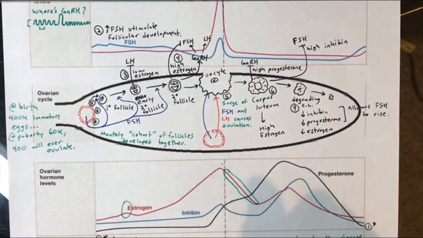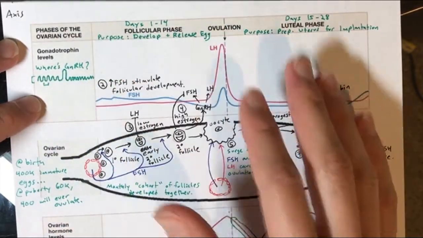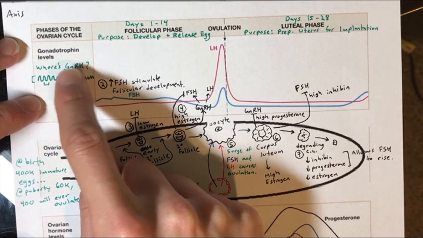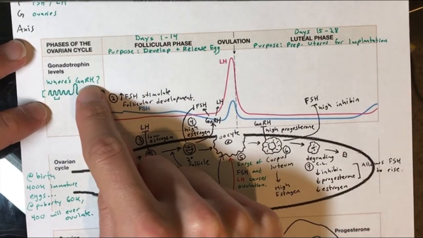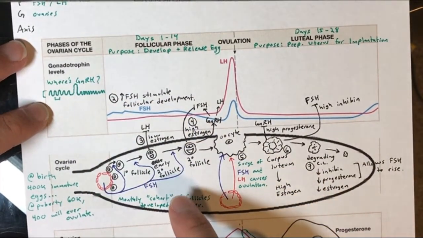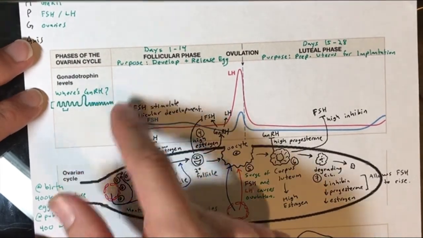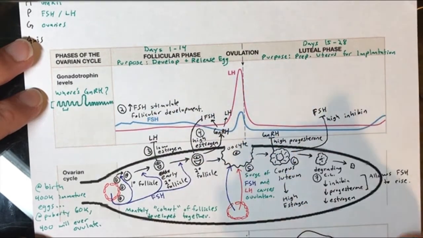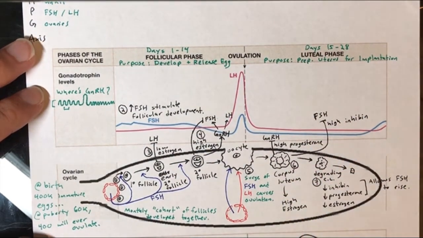One of the things that you need to start all this off is you need the proper quantities, and you also need the proper pulses of GnRH, gonadotropin releasing hormone, from the hypothalamus. If the body does not produce the appropriate amount of this, then you can't have the correct amount of FSH and LH being produced to make this whole process happen. You need puberty to hit in order for the hypothalamus to release that appropriate amount.